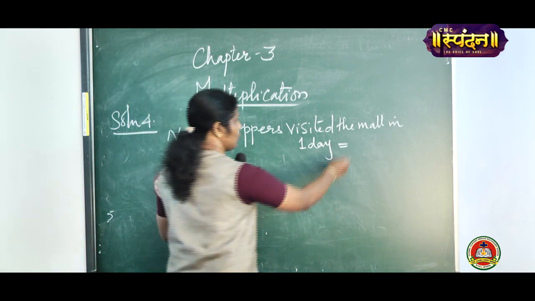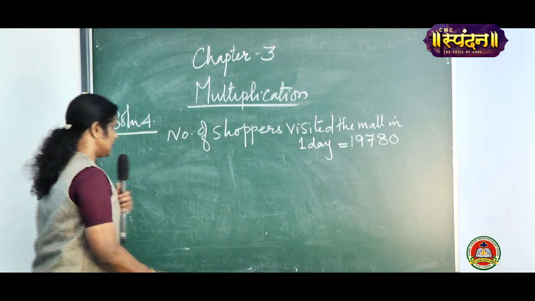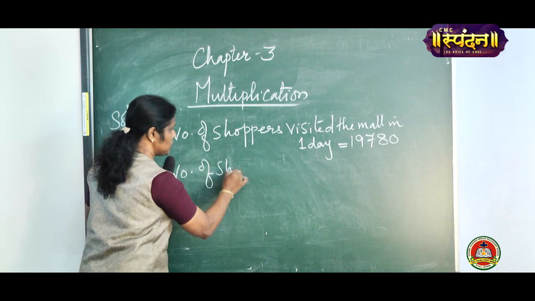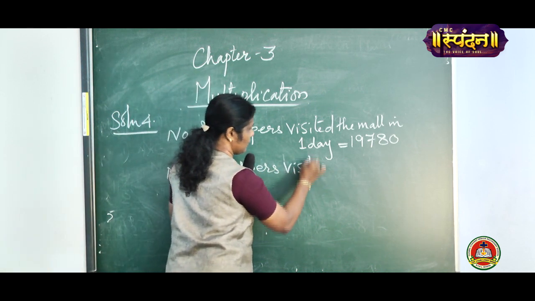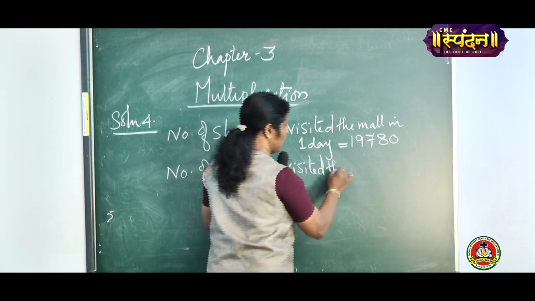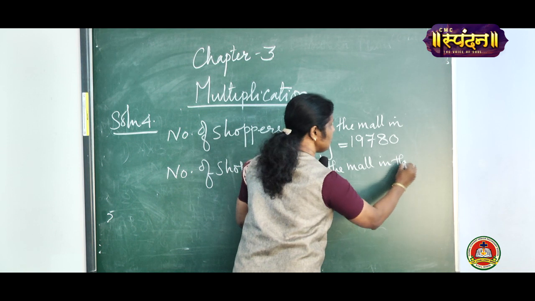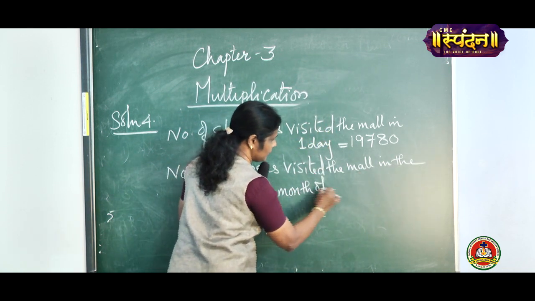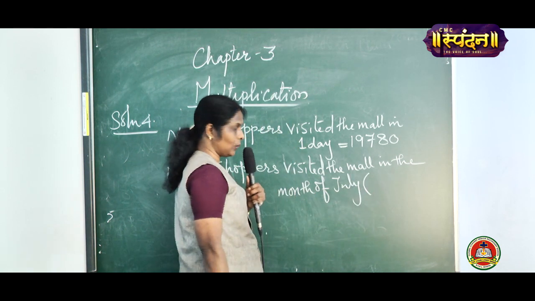That is 19,780. The second statement is you have to find the number of shoppers who visited the mall in the month of July. July has 31 days.